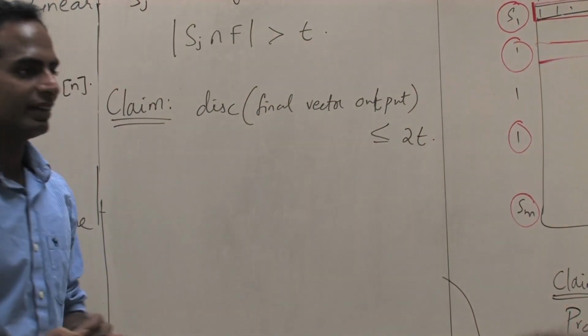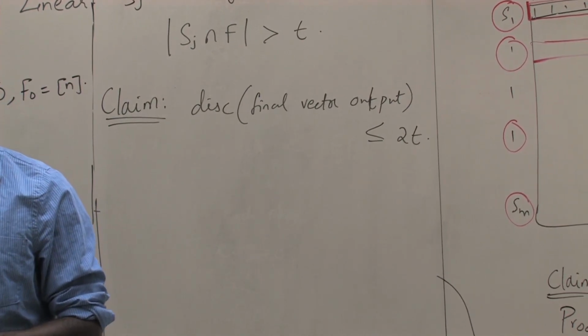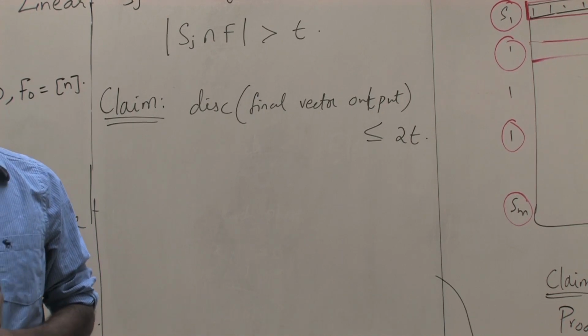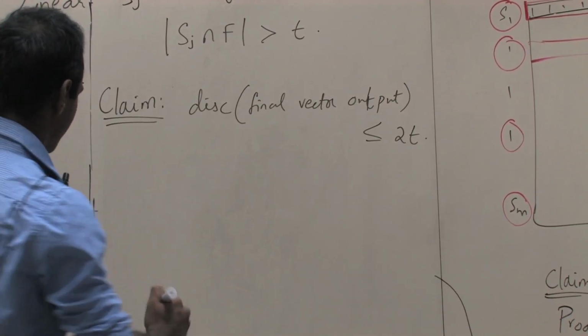So I want to claim that the discrepancy of the final vector output by this algorithm is at most 2 times t.